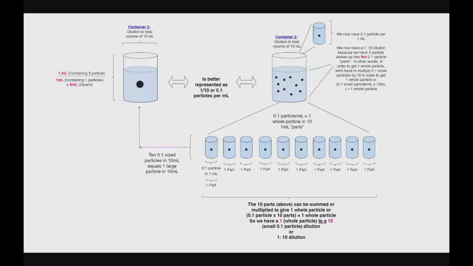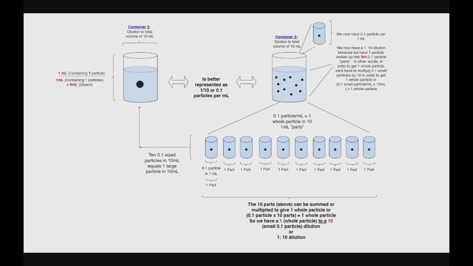And also, to drive home the point one last time, notice we have container 2, which was diluted to a new volume of 10 milliliters of one particle. It's better represented as 0.1 particles per milliliter.